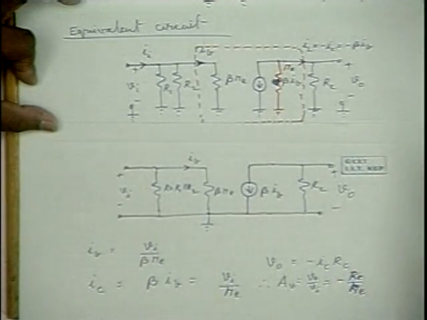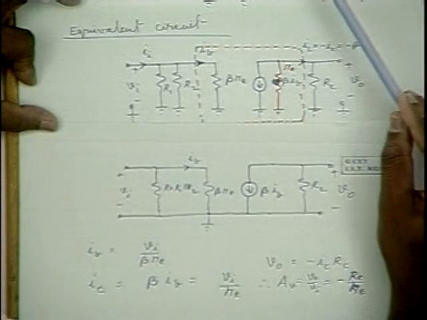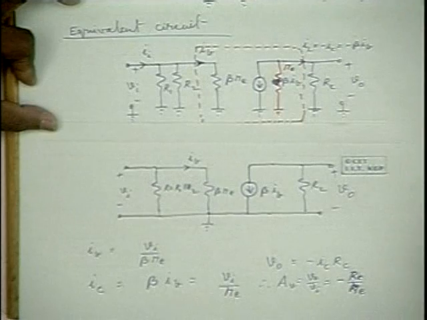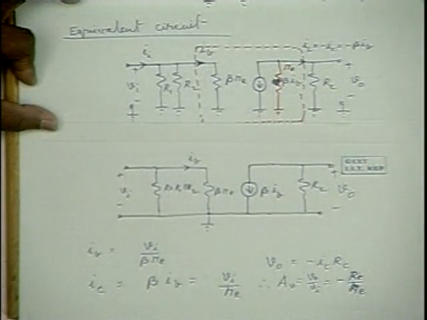As an example, if RC is 5 kilo ohms and Re is about 10 ohms, you will get a voltage amplification of minus 500.